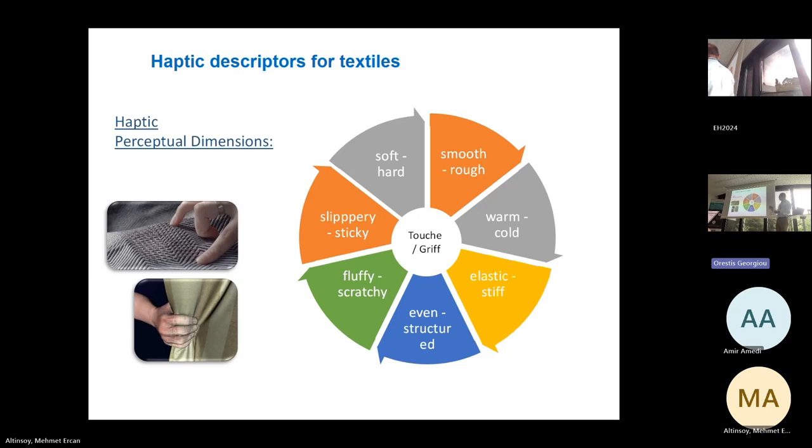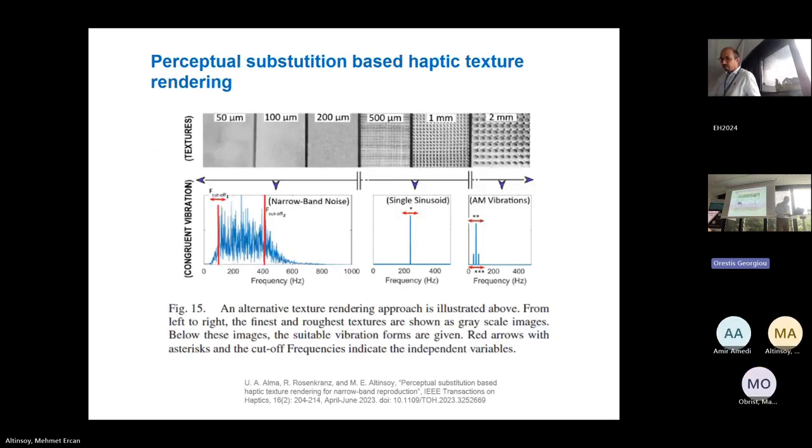In our research, we noticed that if we want to describe touch perception on textiles, for example, we should concentrate on softness, smoothness, warmness, but also elasticity, whether the structure is even or structured, fluffy or stretchy, or slippery and sticky. This is only the first point. After that, of course, they include several different labels inside of them to understand the perception of textures and reproduce it in a synthesis domain.